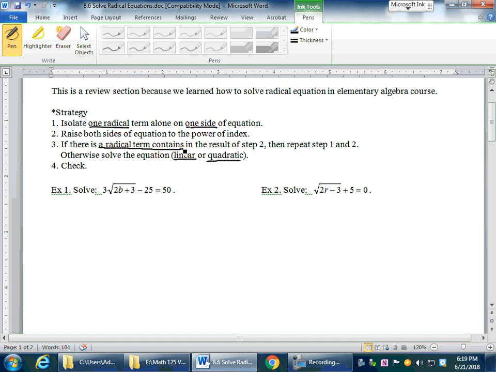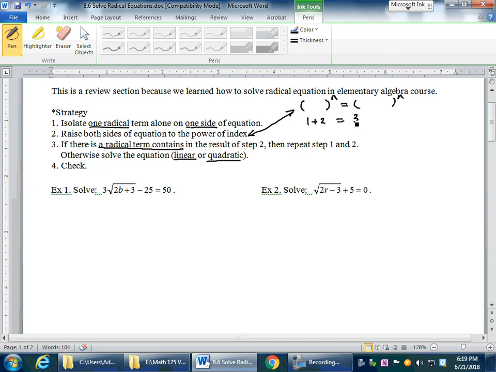Now, I want to point out something on step 2 because a lot of times we make mistakes on this. When you raise the power, we are raising the power to the entire left side and the entire right side. The reason why is this. Take a look at 1 plus 2 is equal to 3.